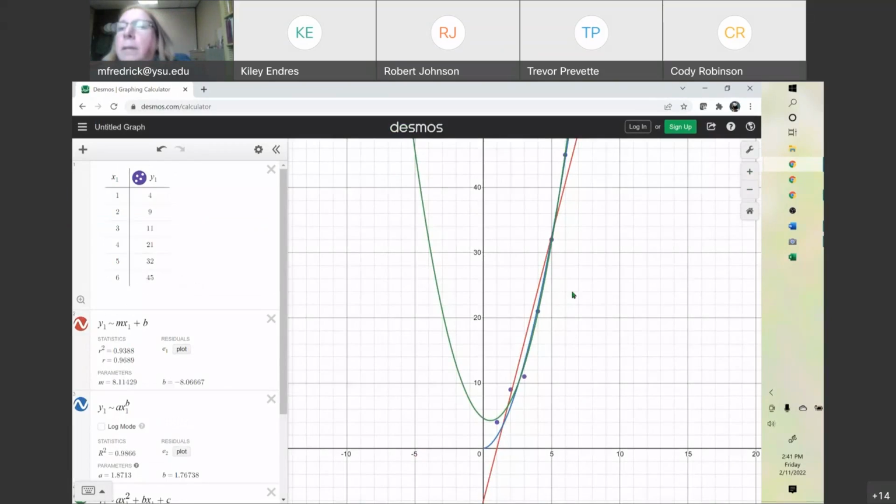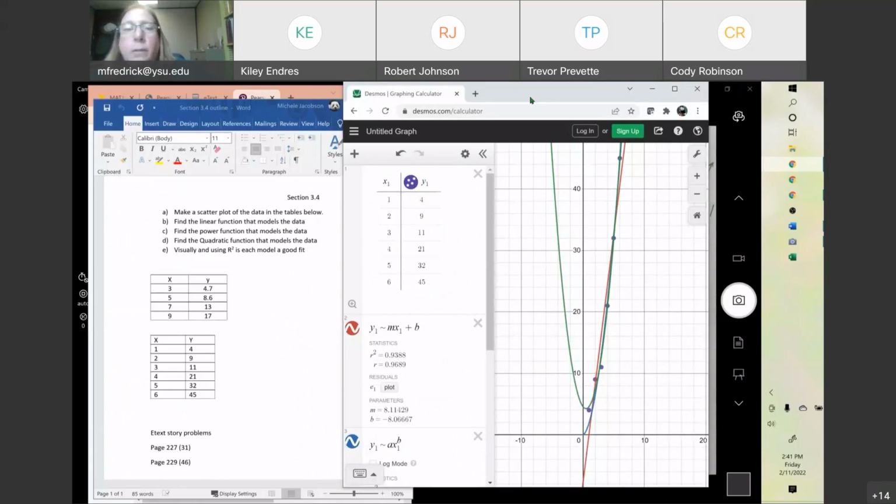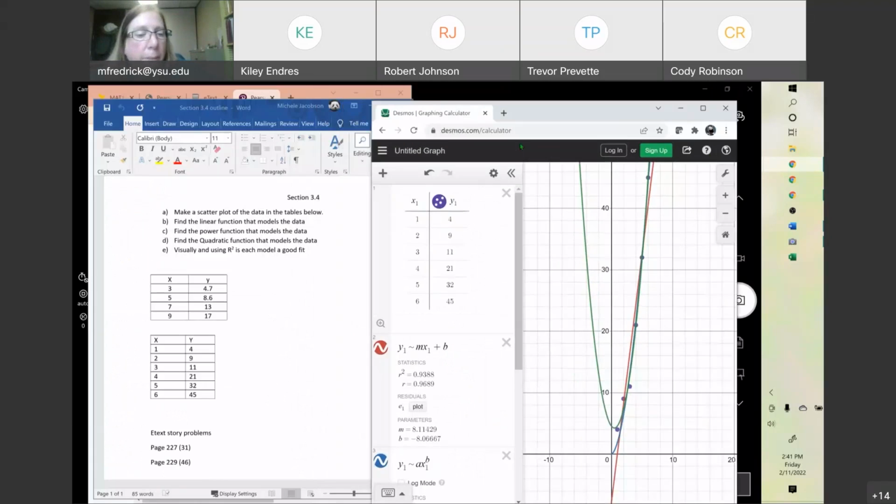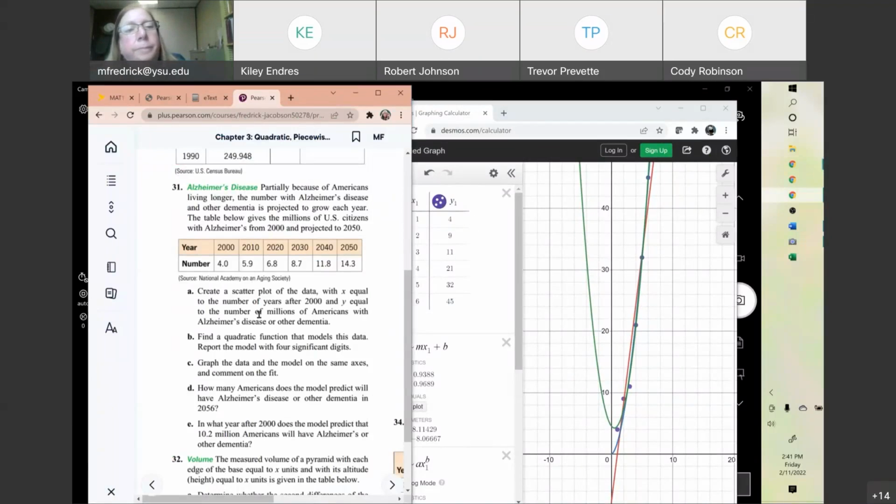Okay. Try a story problem. Page 227, number 31. Okay, so number 31 states, partially because of Americans living longer, the number with Alzheimer's disease and other dementia is projected to grow each year.